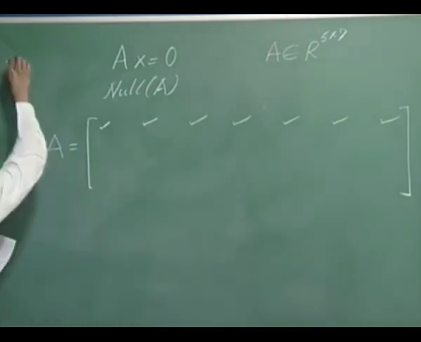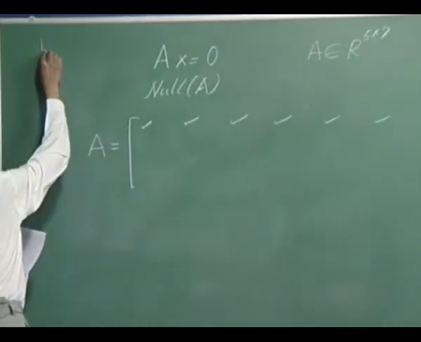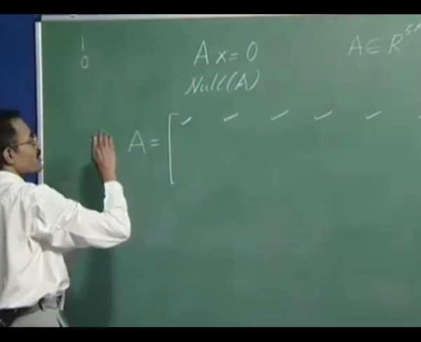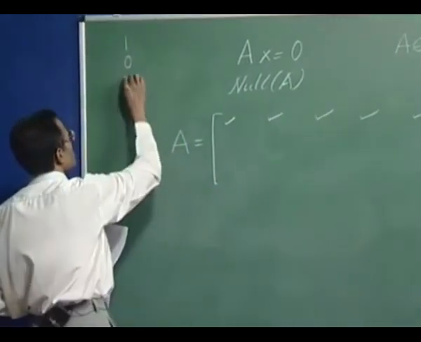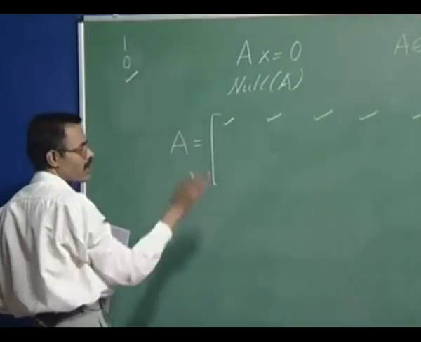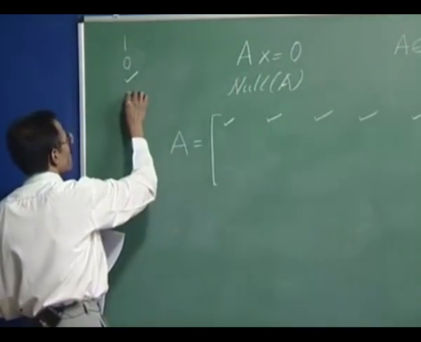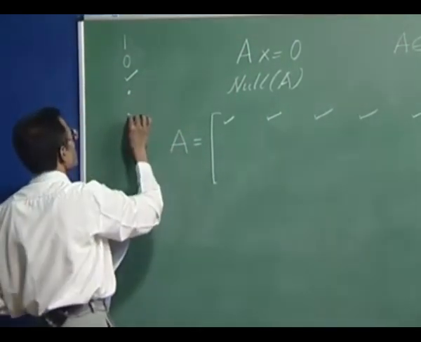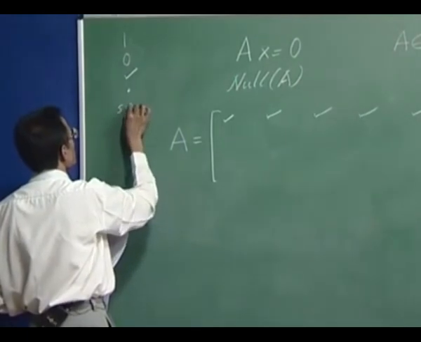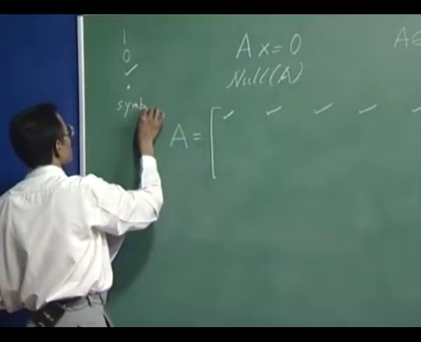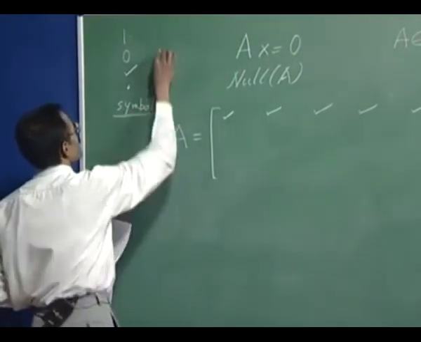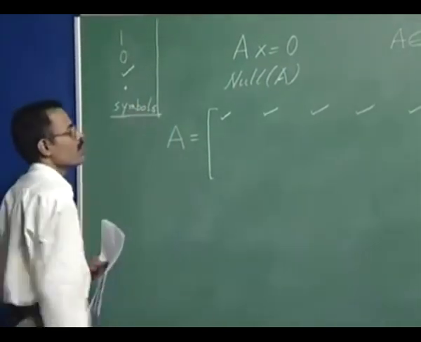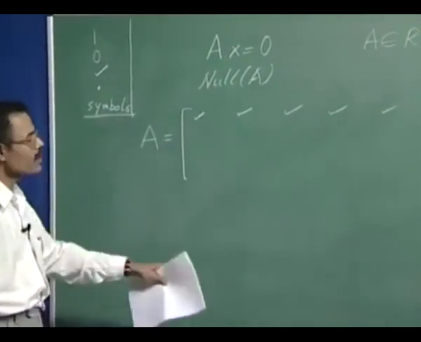That means we will be using symbols: 1 when it is known to be 1 there, 0 when it is known to be 0 there, a tick mark when it has changed from the previous step, and a dot when it remains unchanged from the previous step, and a name symbol when that entry is going to be used. So, these 5 notations we will be using in elaborating this method.